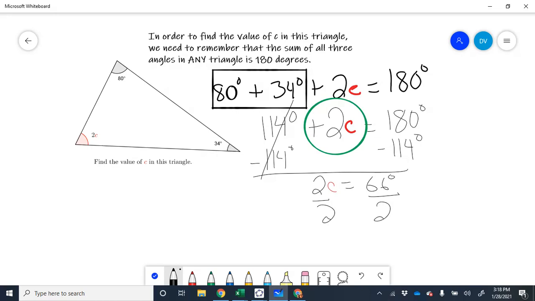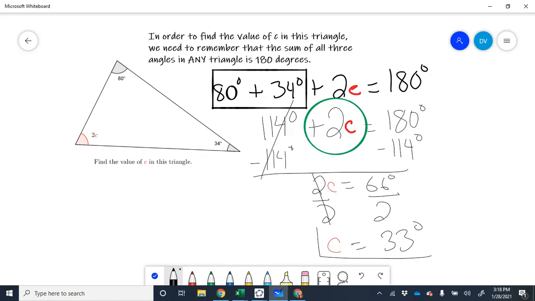When we divide by 2, this will simplify, and we'll get that c is equal to 66 degrees divided by 2, which is 33 degrees. Now that we have that, is that our final answer?